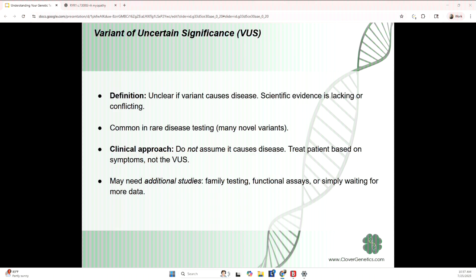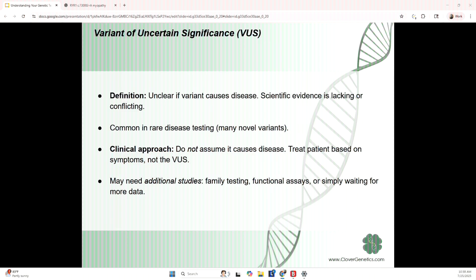So a small panel looking at a small number of genes would have a lower likelihood of showing a VUS, versus a larger test like a whole exome or a whole genome test, which is a much broader test, would have a higher likelihood of showing one of these VUSs, which is one important point with pre-test counseling to understand the risks associated with this given the lack of clarity.